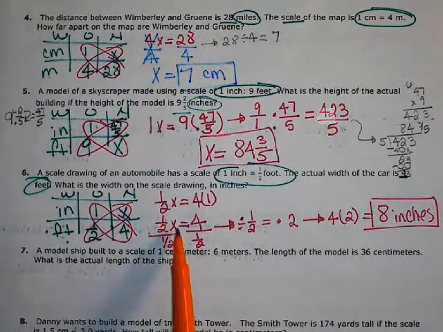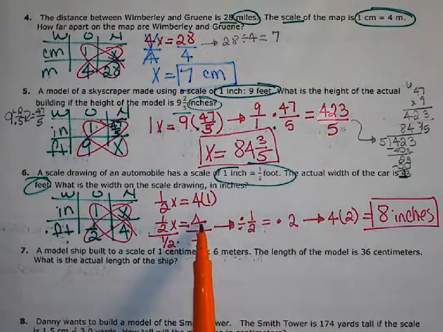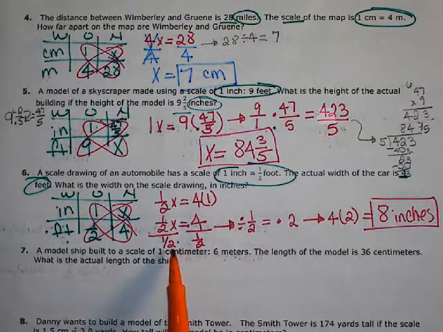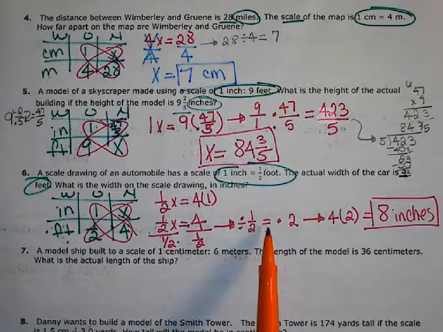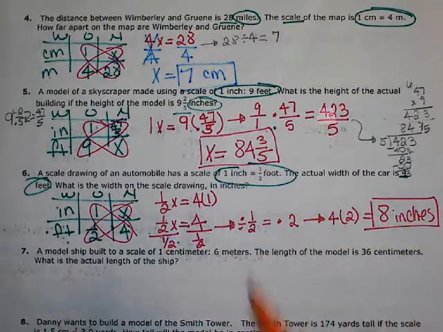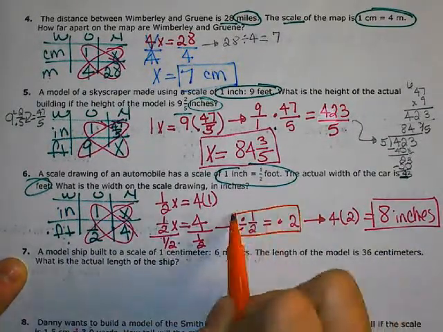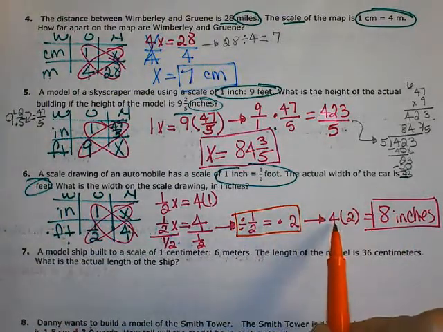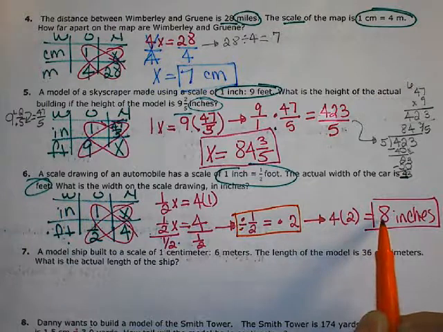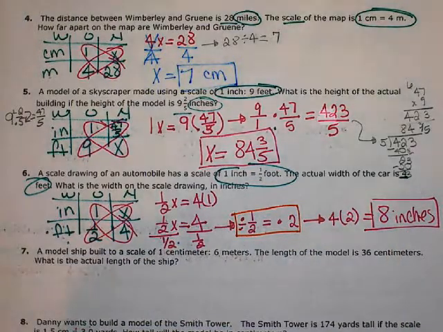I simplified that to 1/2 times x equals 4, and then I divided both sides of my equation by a half. But I remembered that dividing by a half is the same as multiplying by 2. This is going to help make it just a little bit easier. So all I did was multiply 4 times 2 and got 8 inches as the answer. Are there any questions?